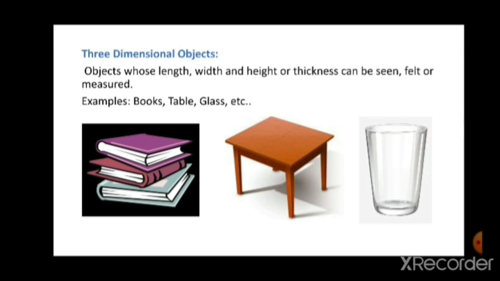From the given pictures you can see that we can see, feel and measure the height, length and width of all these objects. Three-dimensional objects are also called 3D objects.